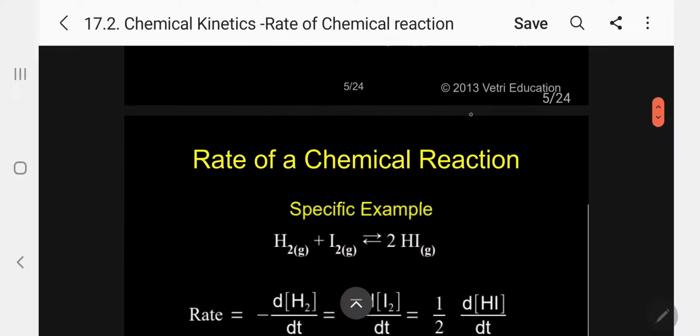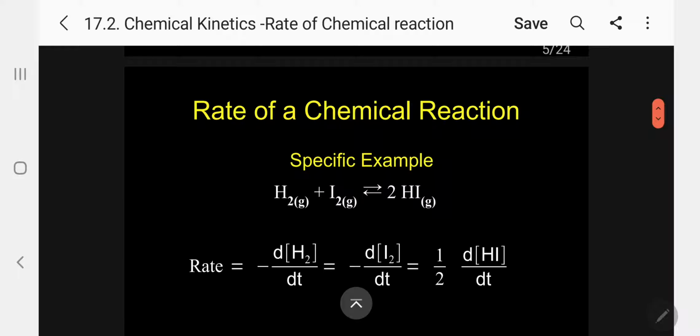For a specific example, let me explain, then you can understand. Let me take a specific example, formation of HI: 1 mole of H2 gas and 1 mole of I2 gas produce 2 moles of HI gas. In this case, the rate is equal to minus d[H2] by dt, that is equal to minus d[I2] by dt, that is equal to 1 by 2 d[HI] by dt.